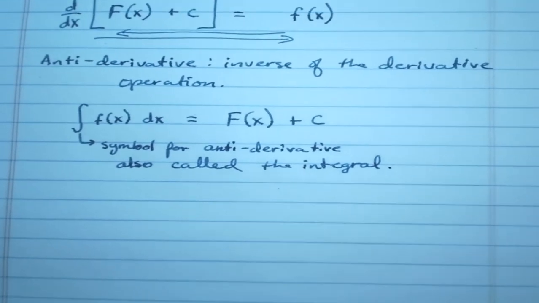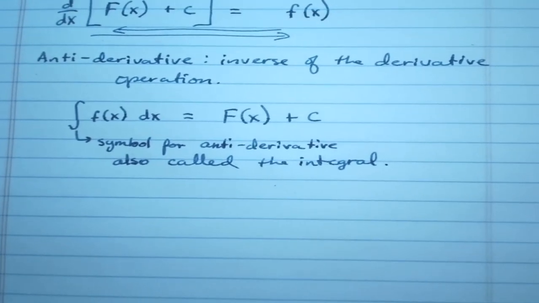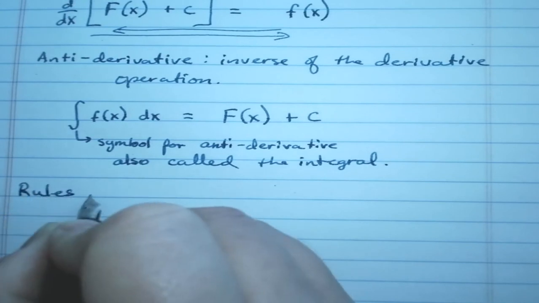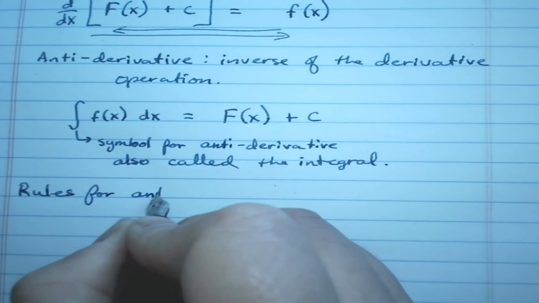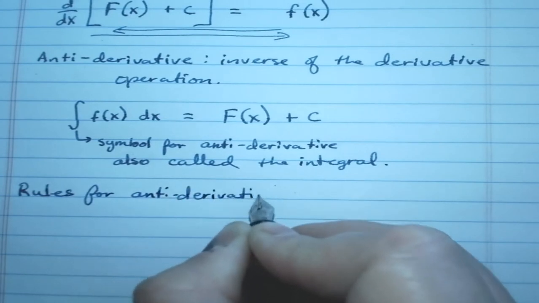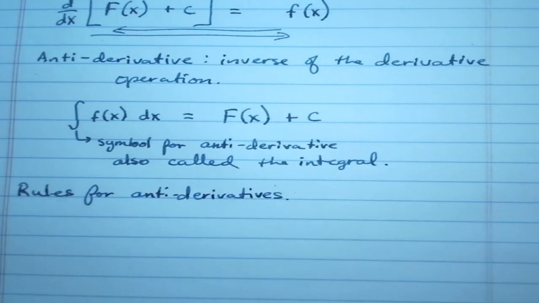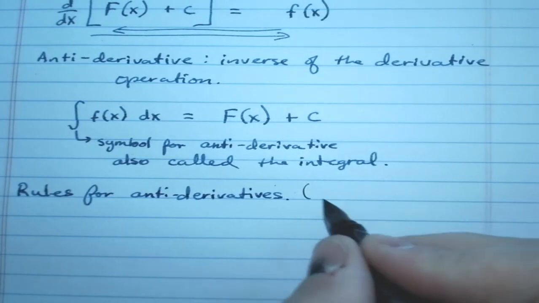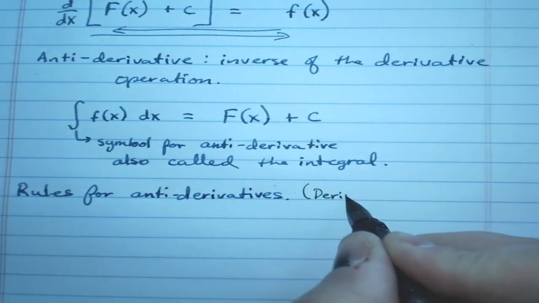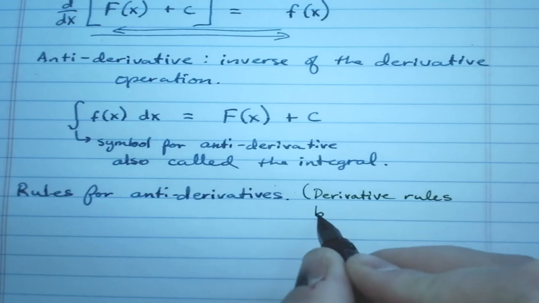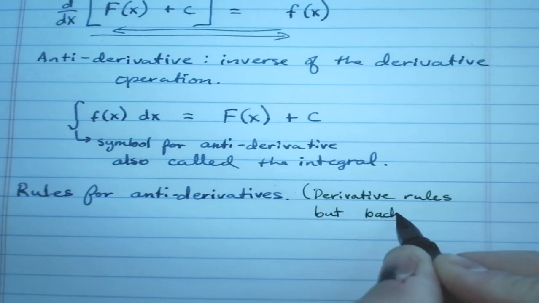And what I want to give you in this video is the rules for antiderivatives. I want to remind you that these are just going to be your derivative rules, but backwards.